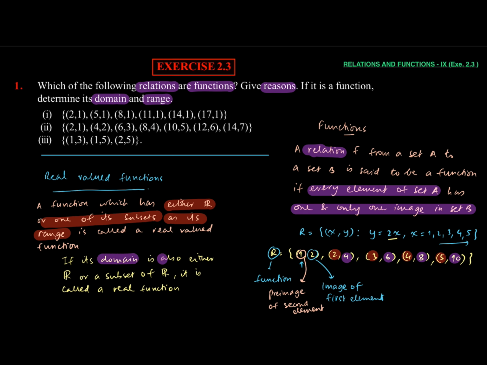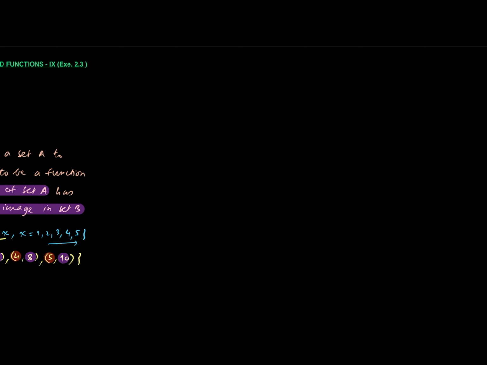So if the domain is also either R or a subset of R, it is called a real function. Now before attempting question number 1, let us go through some functions and their graphs.